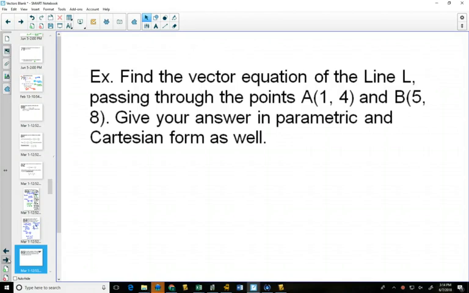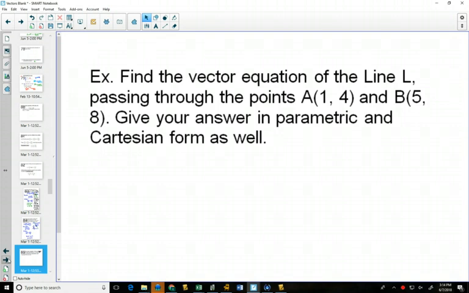Now we have 2 points. When you did this back in grade 10, you had to use your slope formula to find what the slope was between those 2 points. And then you had to go to y equals mx plus b and figure out your formula.